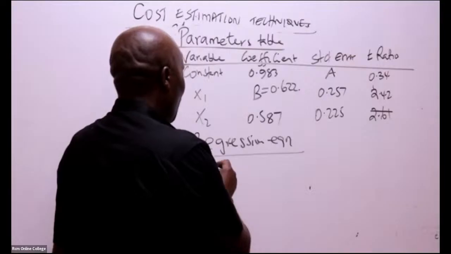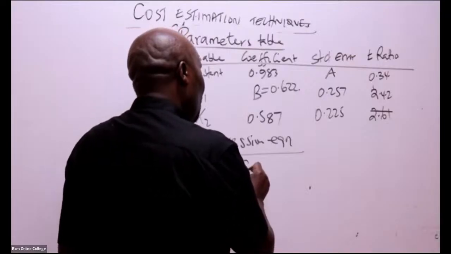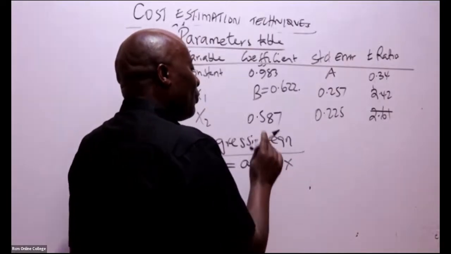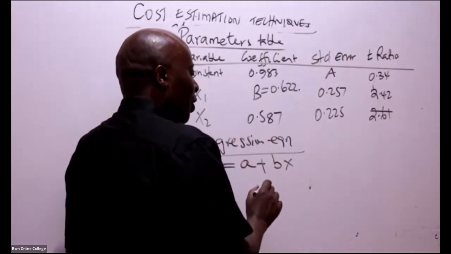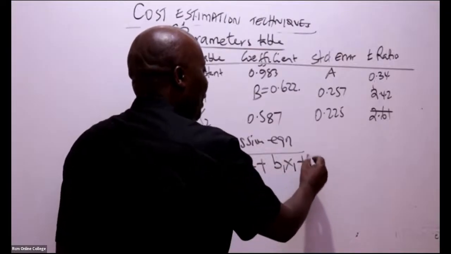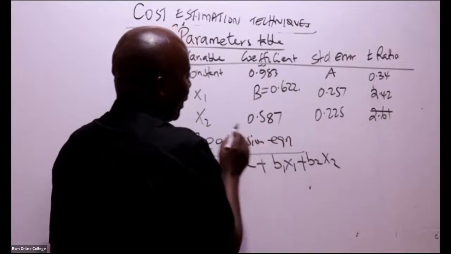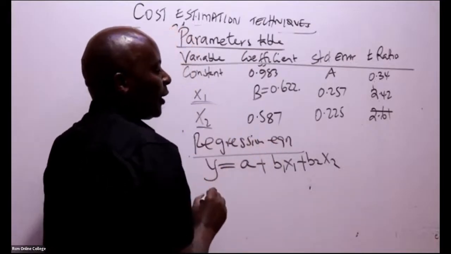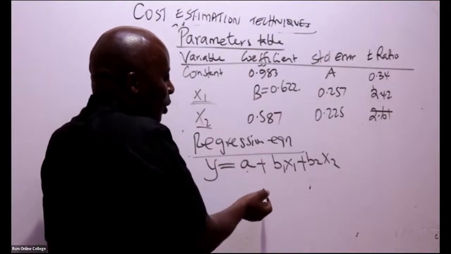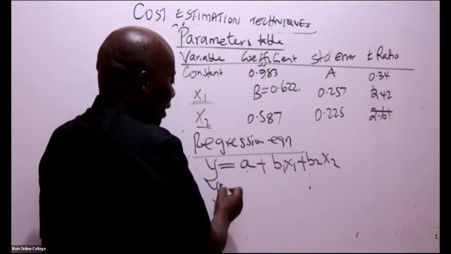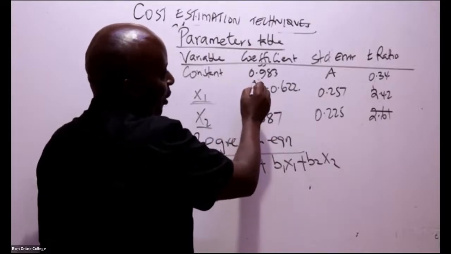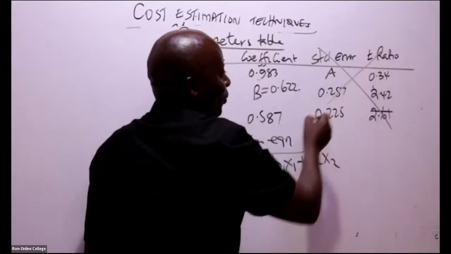Therefore, the general regression equation, the normal one, is Y equals A plus BX. But now we have 2 X values. So it will be Y equals A plus B1 X1 plus B2 X2. Remember, A is the constant coefficient. Now, these 2 are irrelevant in terms of equation formation.